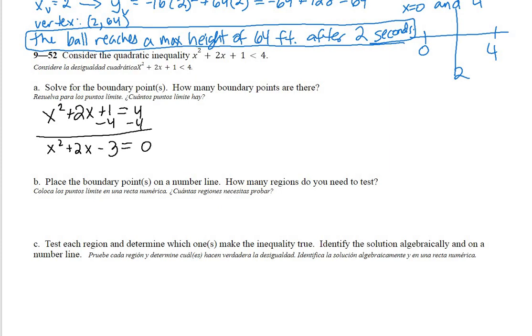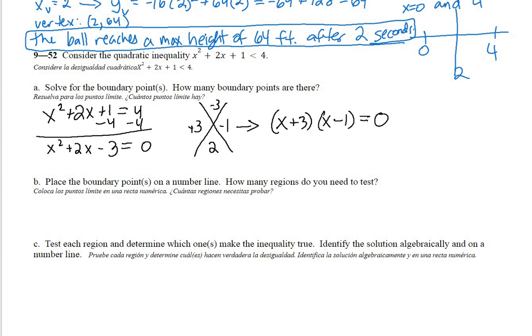This I can factor. I need to multiply to negative 3 and add to 2. That's what? Negative 3 times 1? No. Positive 3 times negative 1. Yes. So then if I factor this, I get x plus 3 times x minus 1 is equal to 0. Is that right? Yeah.